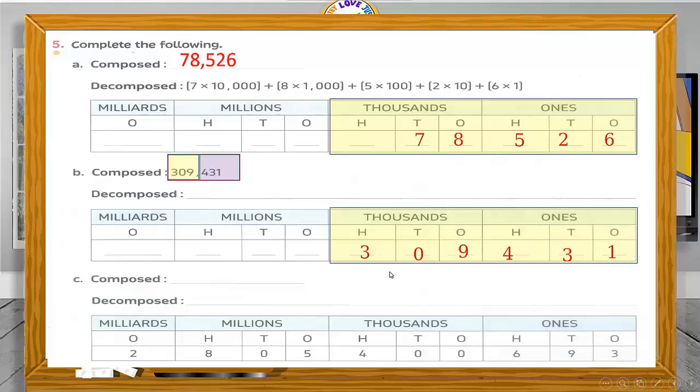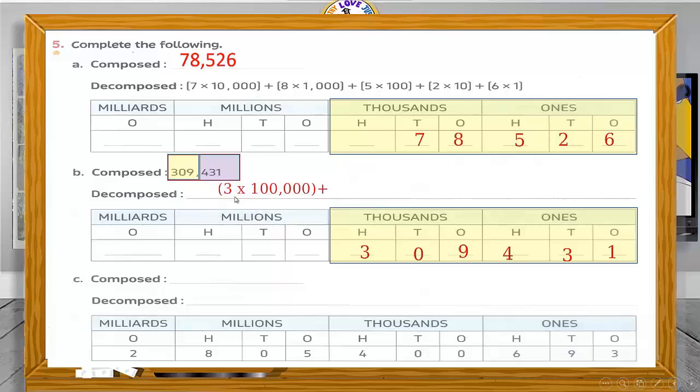Next step, you should decompose this number. Decompose means you should write the number in expanded form or multiply each digit times 1,000, 100, 1 or 10 as you like or as you see in your chart. Here we have 3 in which place? 3 in 100,000 place.